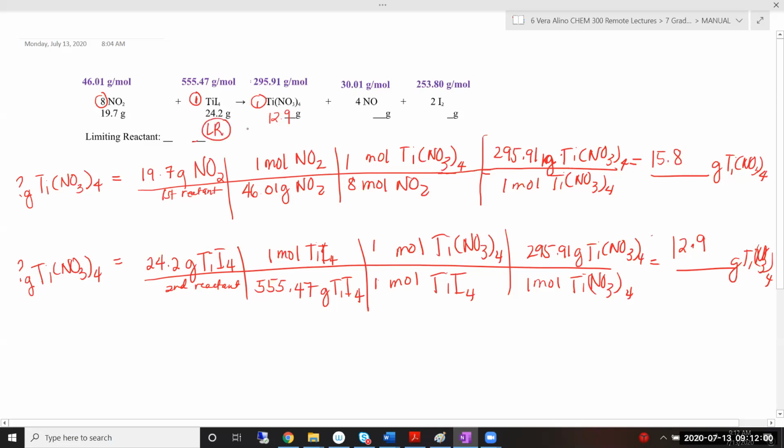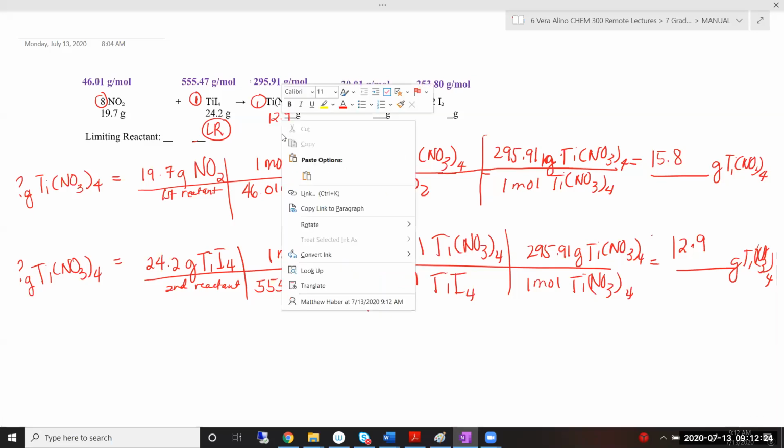It's going to be my limiting reactant. It's going to run out. And so even if I have more than enough nitrogen dioxide to create 15.8 grams of the product, I won't be able to do so. I can only make as much as 12.9 grams of the product.